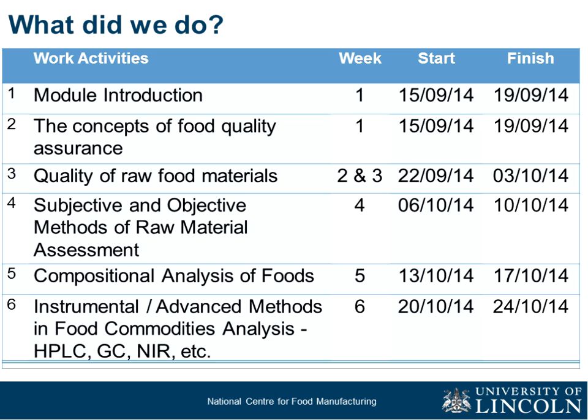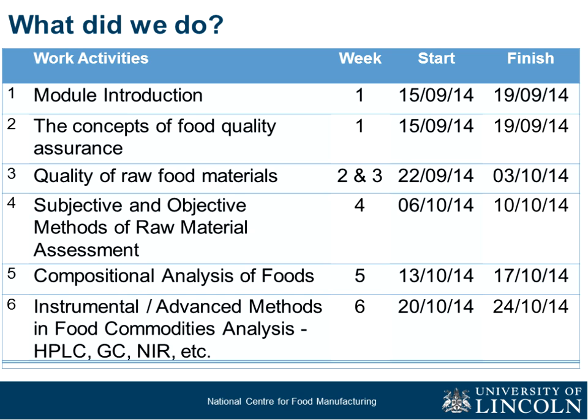Then in week 2 and week 3 we did something on quality of raw food materials. Then in week 4 we did subjective and objective methods of raw material assessment. Remember our apple lab experiment. This was covered under this session.